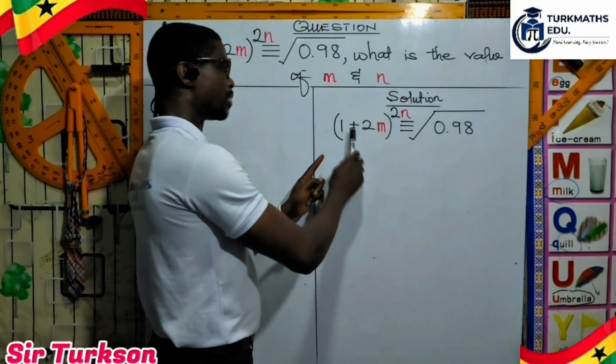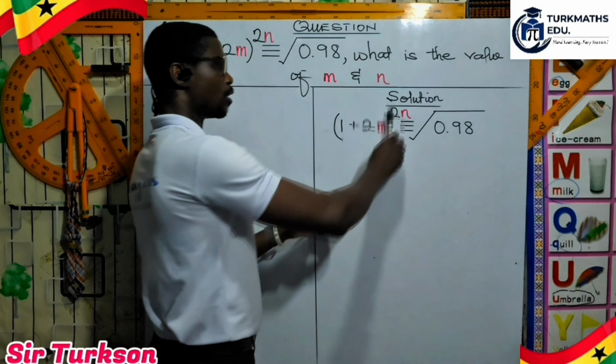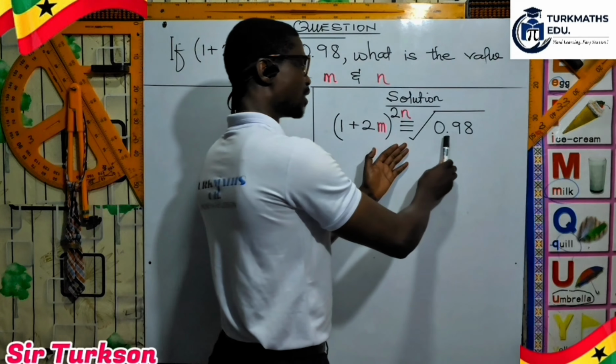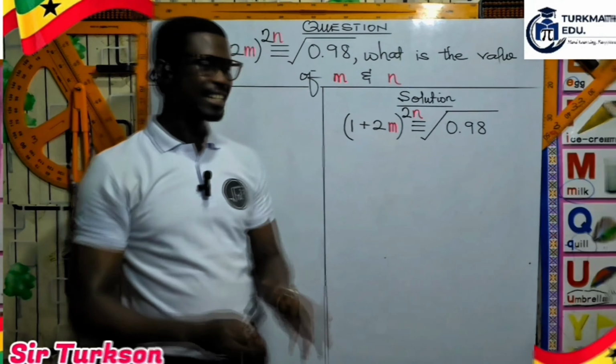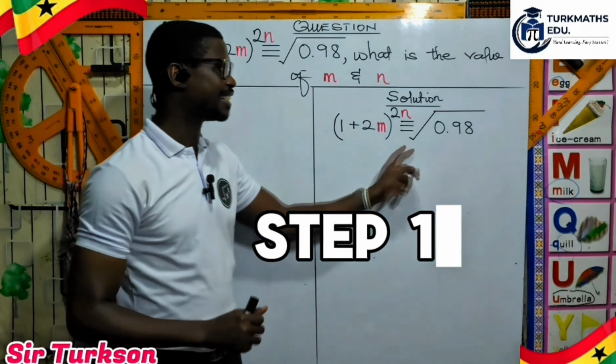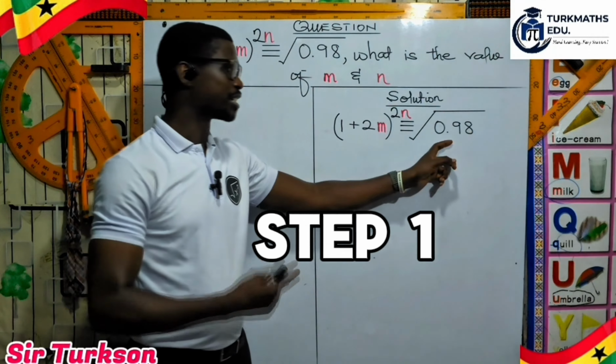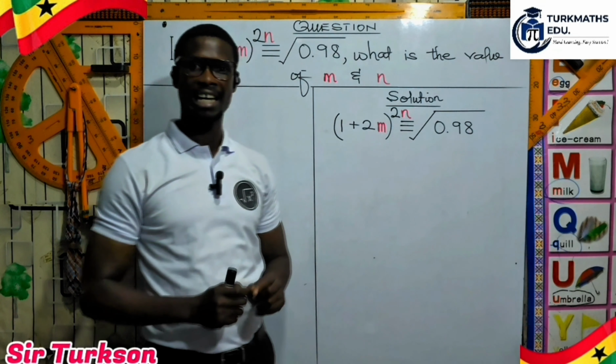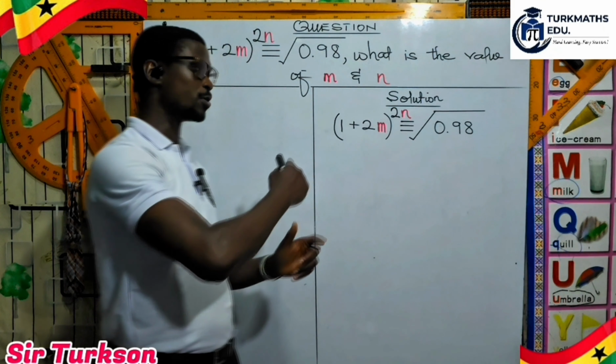Brackets open, 1 plus 2n, brackets close, exponent 2n, equivalent to the square root of 0.98. Right, in step 1, I'm going to rewrite this radical expression that we have at the right side here as a fractional exponent. Let's do that.